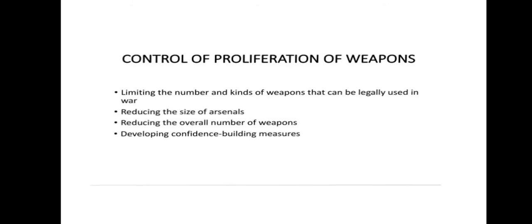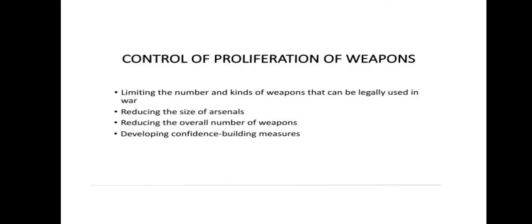At the time, the size of the arsenals and the weapons held a significant and imperative part. The size of those weapons used to cause large destruction. So by reducing the size of arsenals, proliferation can be controlled. Thirdly, reducing the overall number of weapons, and fourthly, developing confidence building measures. So that's how the proliferation of weapons can be controlled.